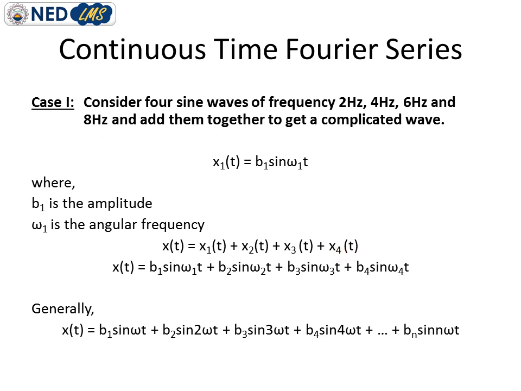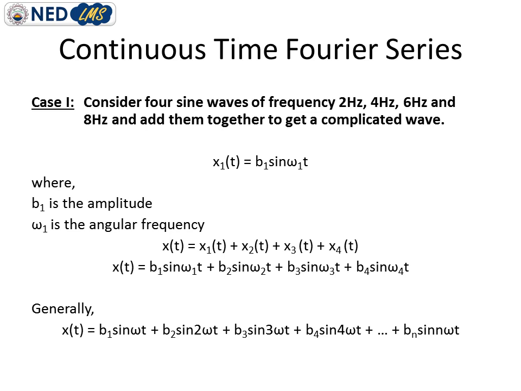If we want to write the complete expression for all of these sine waves, we can write b1 sine omega 1t instead of x1 of t, because x1 of t is our first sine wave of 2 Hz.